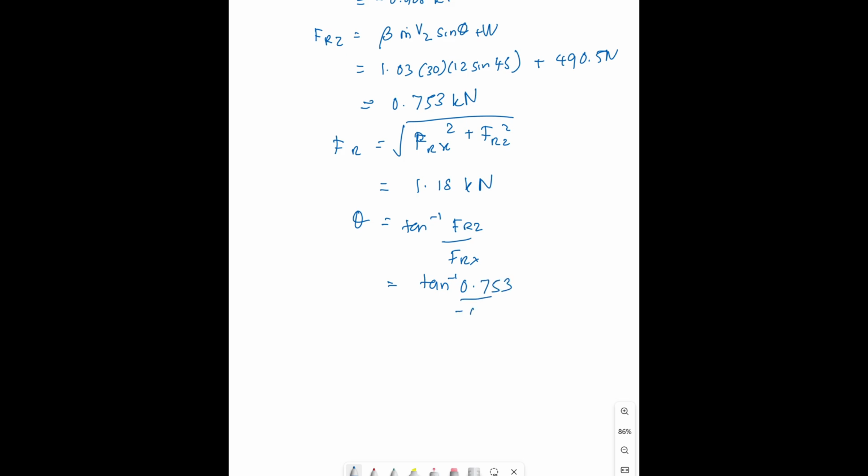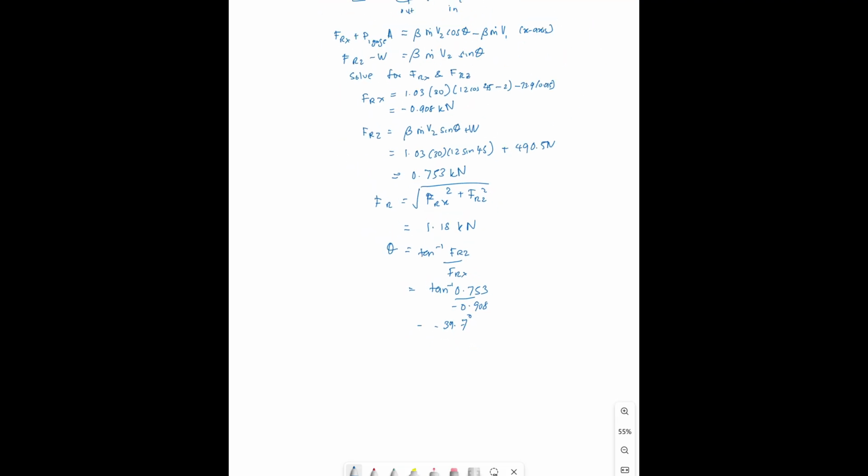We get negative 39.7 degrees. So the anchoring force is 1.18 kilonewtons at an angle of negative 39.7 degrees.